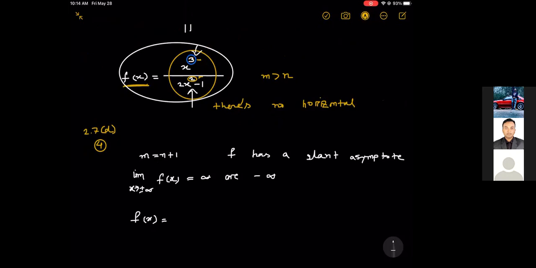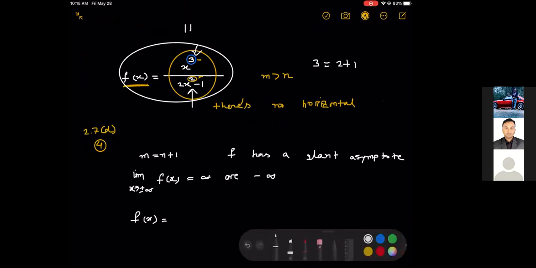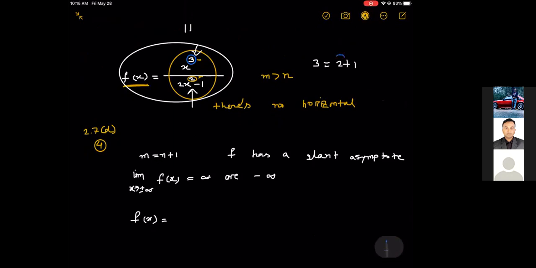But we can also see that 3 is basically just one more than the degree of the denominator. Can you see that? If the degree of the numerator is just one more than the degree of the denominator, which is true on this occasion, then although we don't have any horizontal asymptotes, we do have a slant asymptote.